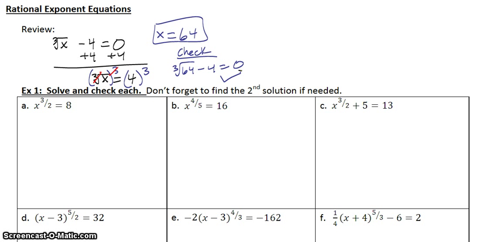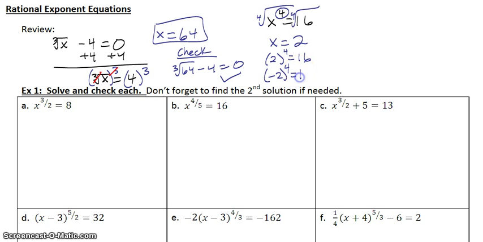We can also go the other way. Another quick review: say I had x to the 4th equals 16. In order to solve for x, to get rid of a 4th power, I can take the 4th root. The 4th root of 16 is 2, but because it is an even power, I could put 2 in there and get 16, or I could put negative 2 in there and get 16.